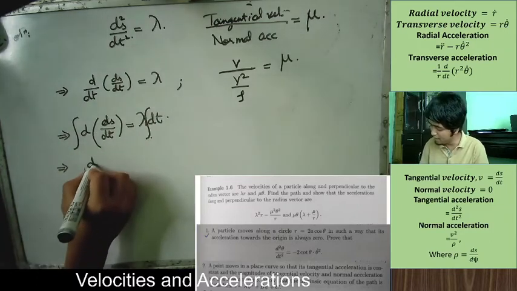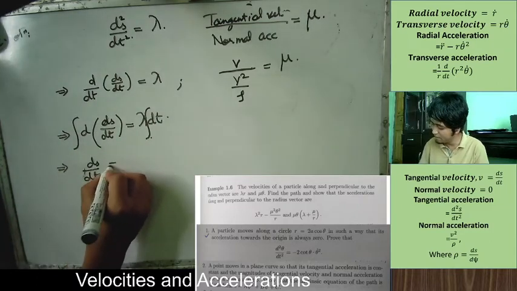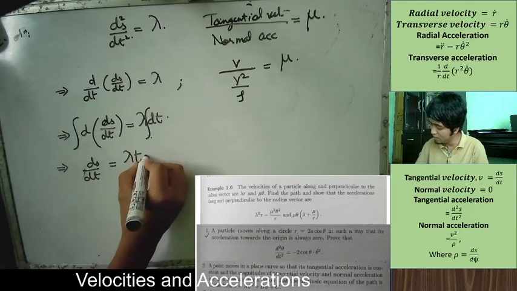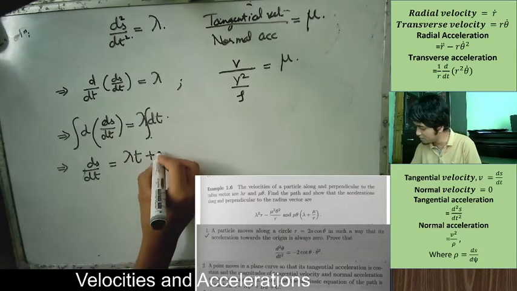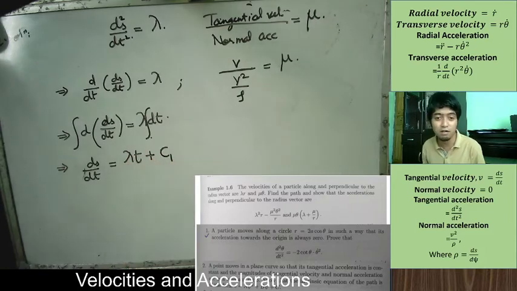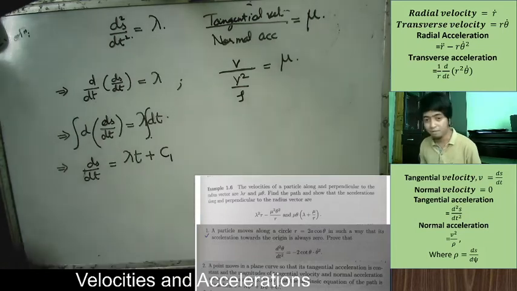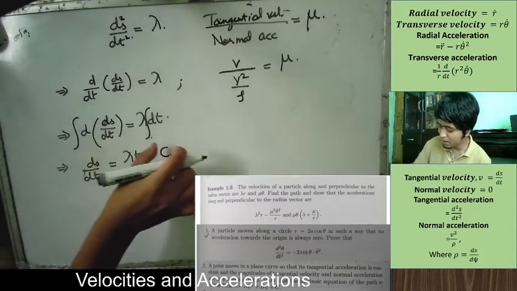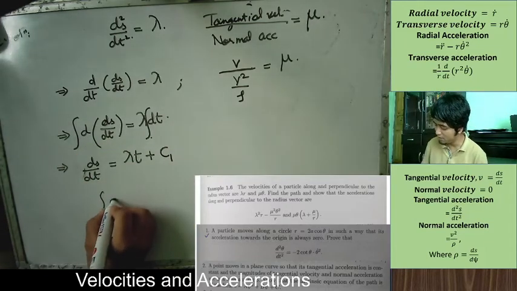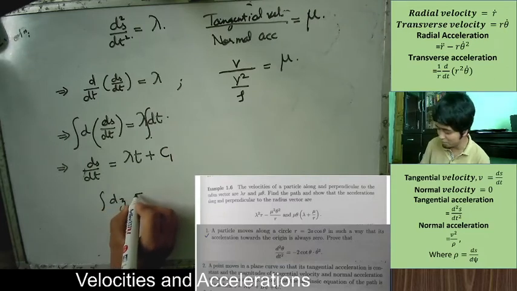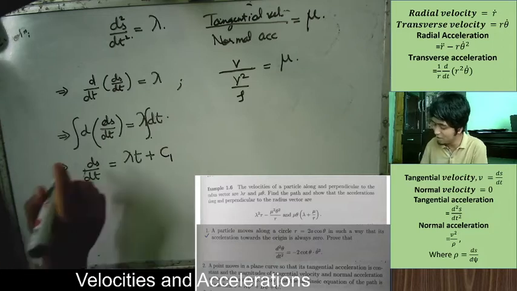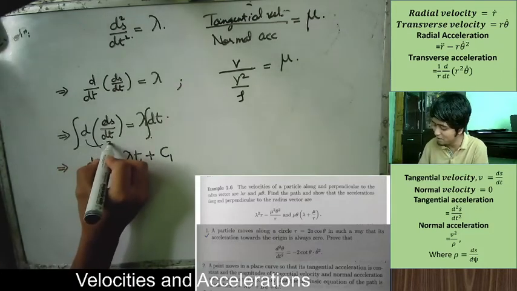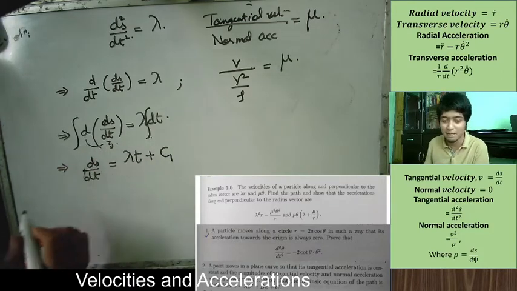We get ds/dt equal to lambda t plus another constant, let us name it c1. Just remember, integration of dz gives you z. Similarly here, integration of d of this gives you itself.